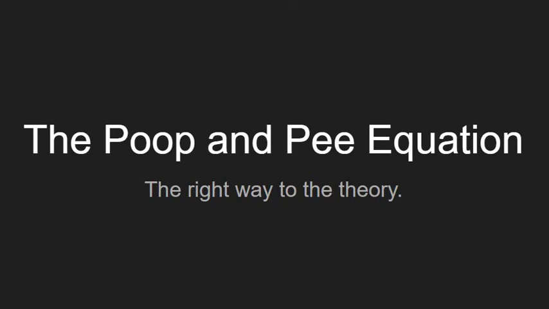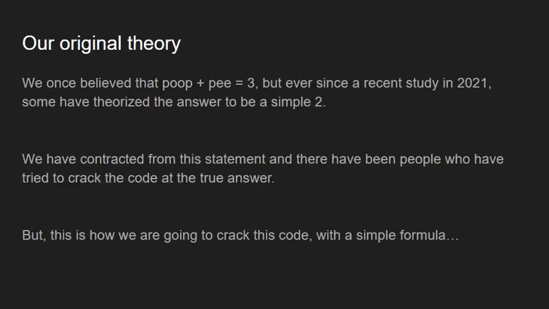Today we're going to be looking at the poop and pee equation, the right way to the theory. As I've said before, over Christmas break, we're going to discuss this theory before we head into our midterm. And, well, here we go. Our original theory is we once believed that poop plus pee equals 3.